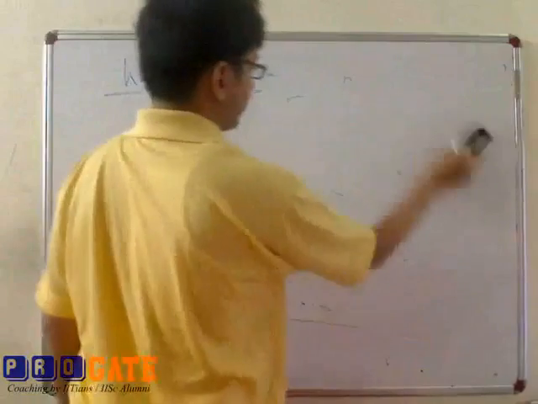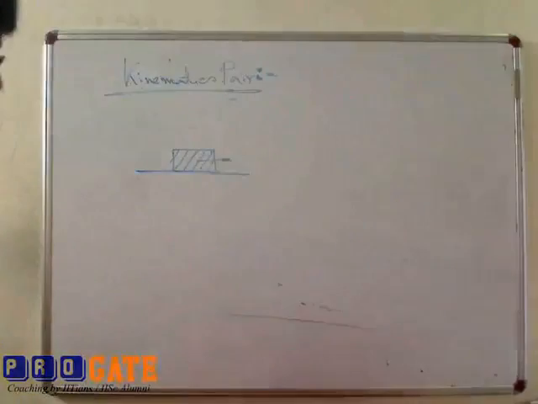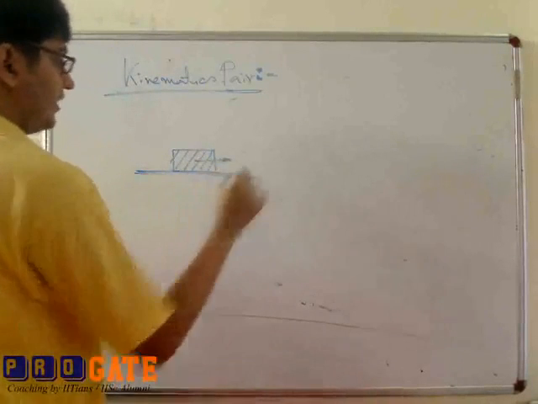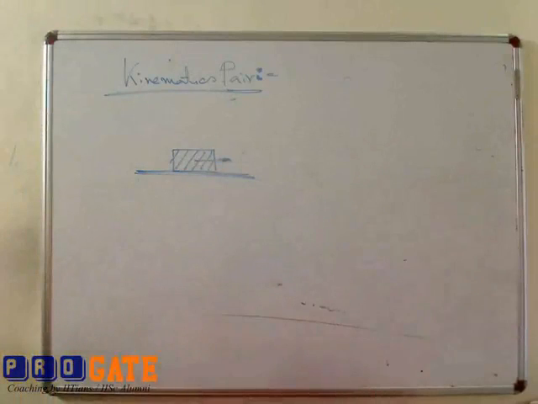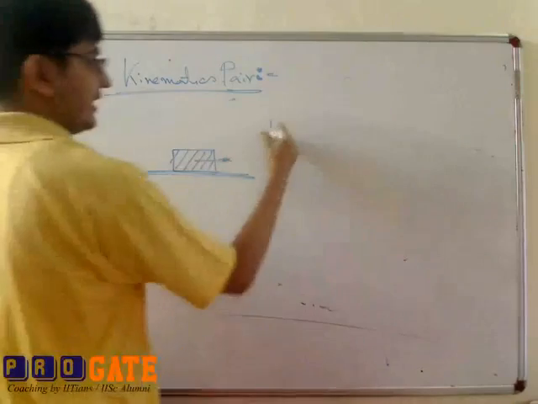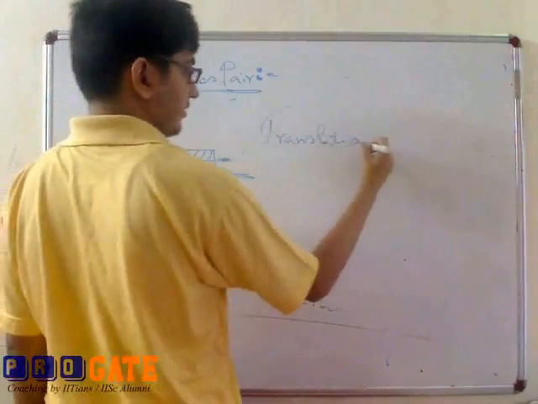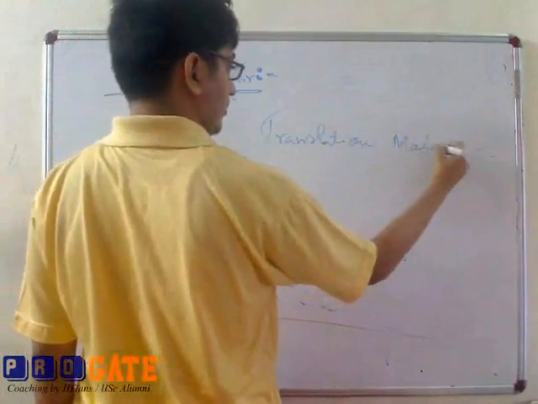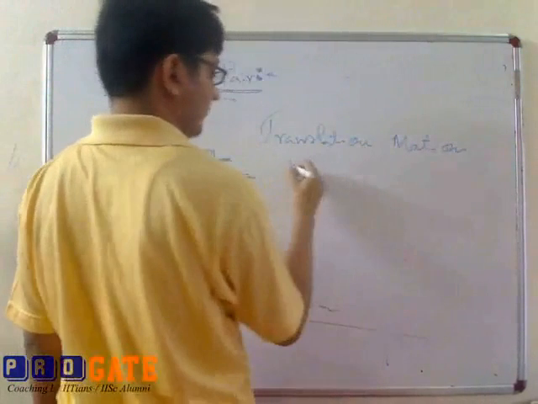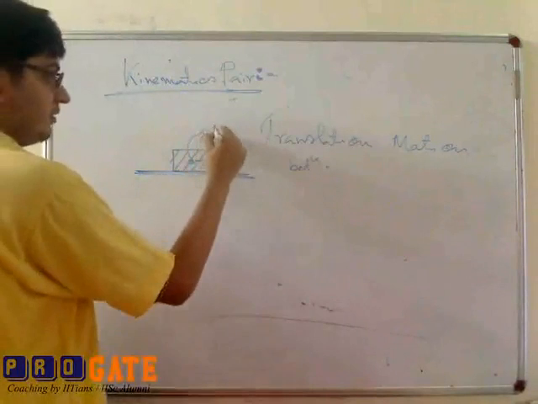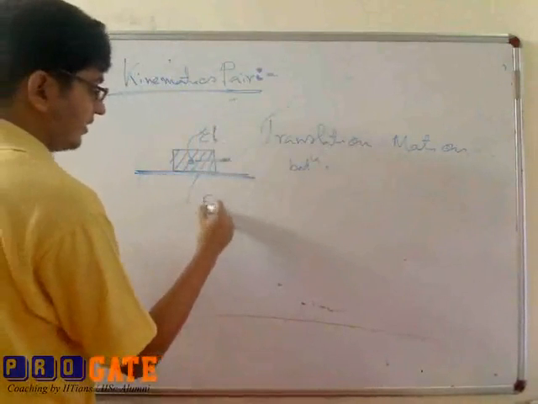Now consider this case. This is a block which is sliding over this surface. So this also permits the translational motion between, say this is my element 1, now this will become my element 2.